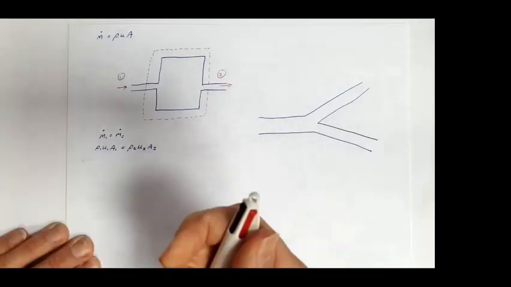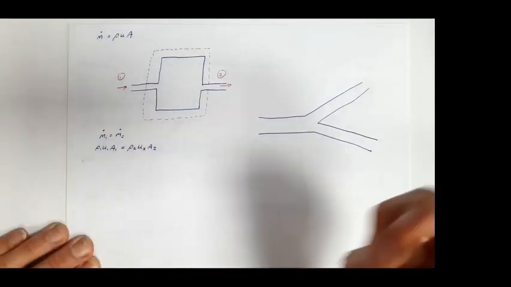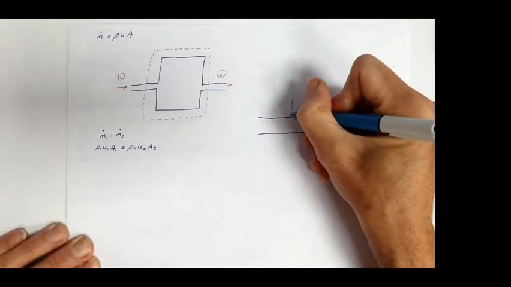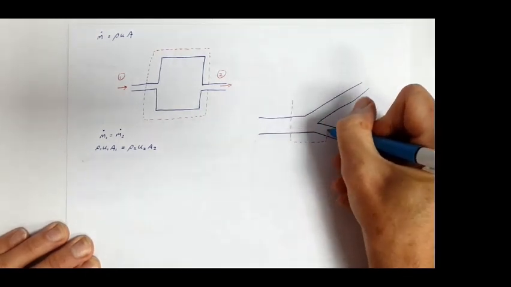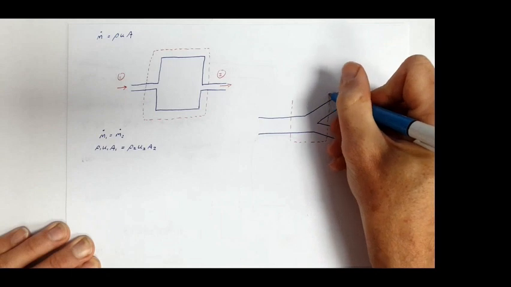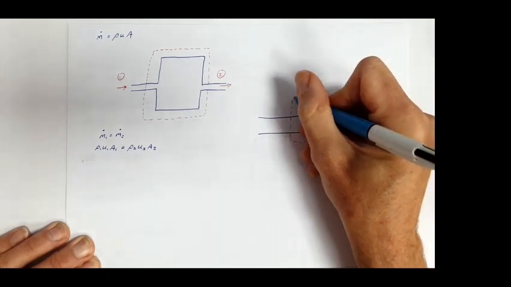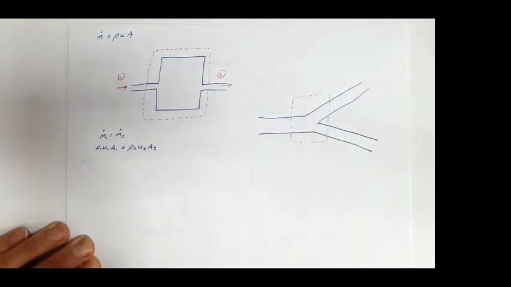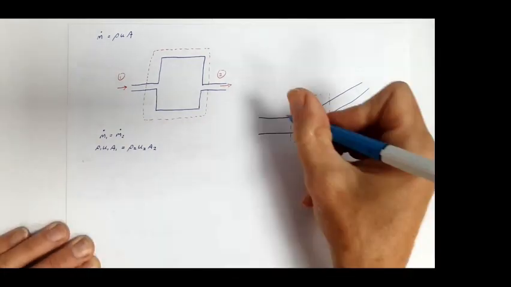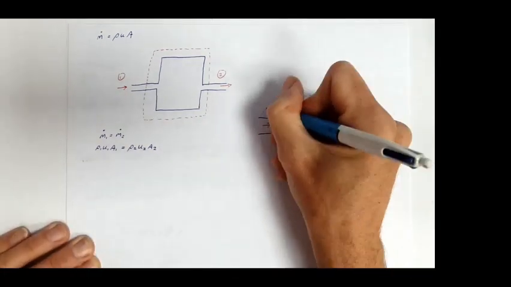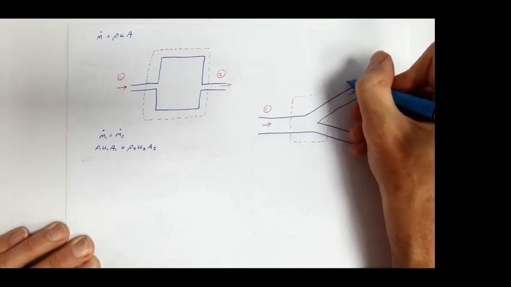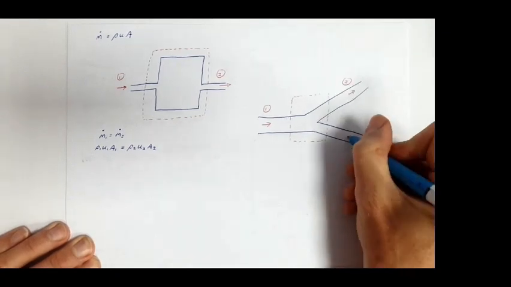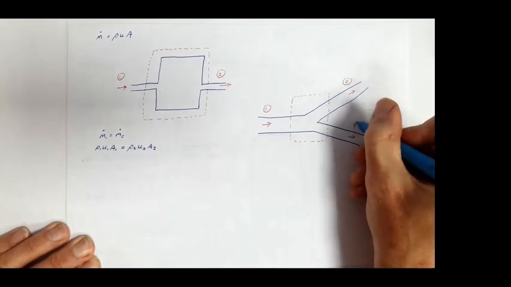So if my system boundary this time is around where these tubes split. So this is position 1. Here. Let's call this position 2. And let's call this position 3.